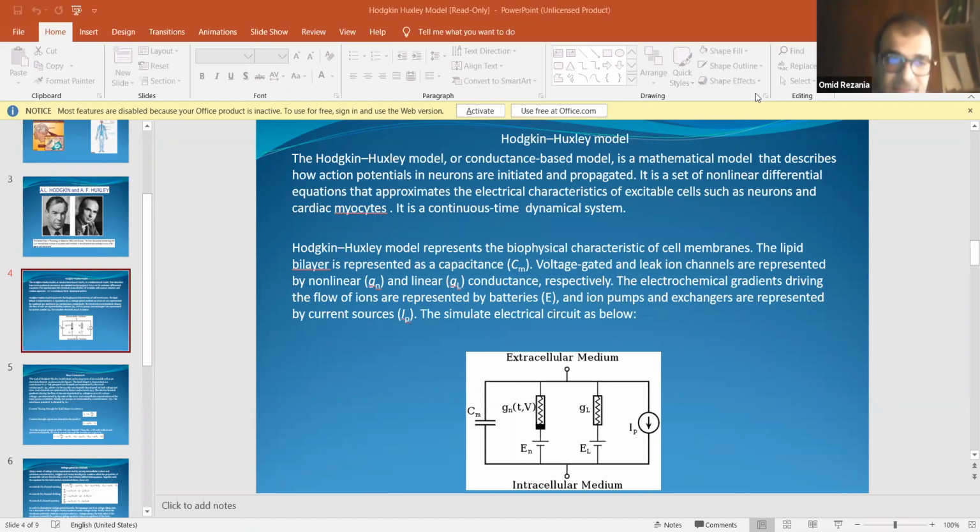Any ideas? Mingji, Oliver, David, Aria, Linda. Teacher, you mean the batteries E? No, there is a phrase there. You said the electrochemical gradients. What does gradients mean?